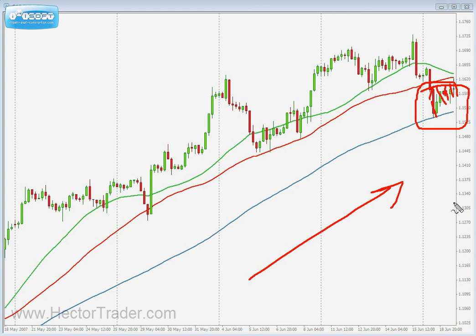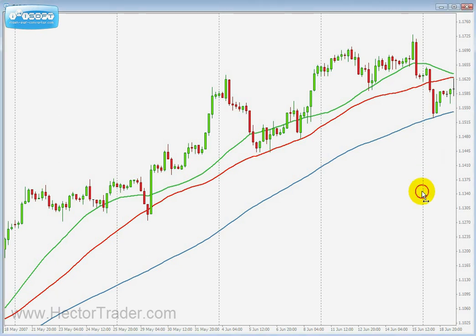That's definitely price not spending time at the right end of the 50 anymore. Moreover, another condition is out of place now. The 30 is not pointing in the same direction as the 50 and the 100. That's 3 out of 6 conditions wiped out within a few bars from that point on. Now, let's keep scrolling.